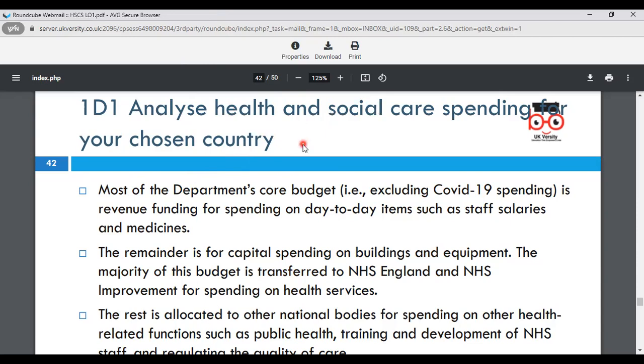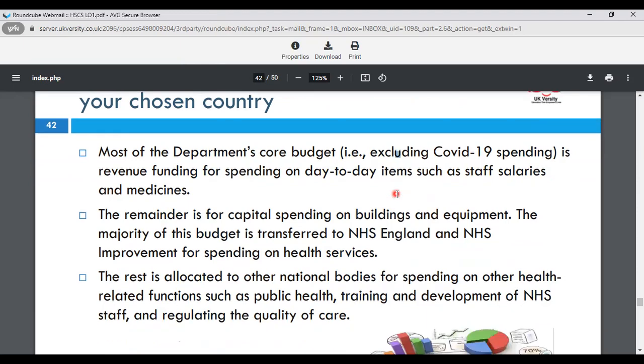So in the analysis, please make sure that when you're writing, you're analyzing as well in your assignments. Most of the department's core budget, excluding COVID-19 spending, was revenue funding for spending on day-to-day items such as staff salaries and medicines. The remaining was for capital spending on buildings and equipment.